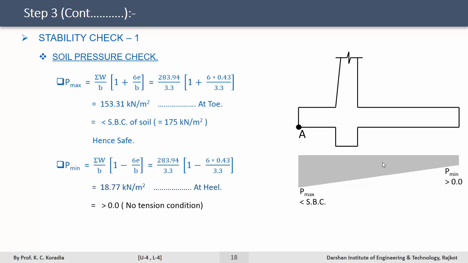This should be greater than 0 for no tension condition. Our derived value, that is 18.77, is greater than 0, hence our heel slab is also in a safe range.